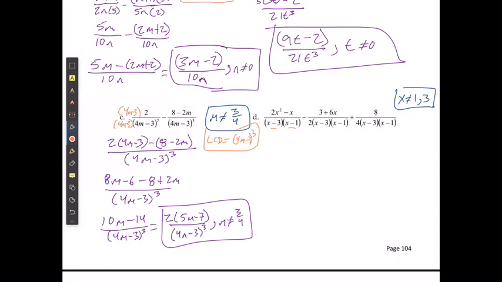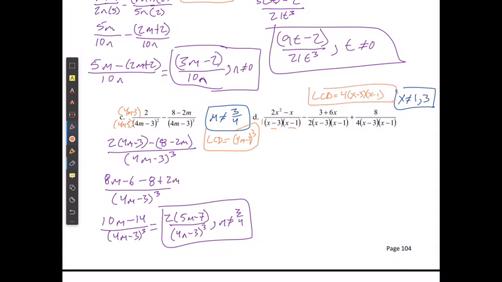But for the coefficients, I have a coefficient of 1, of 2, and of 4. The lowest common multiple of those is going to be 4. So I'm going to say that the lowest common denominator is going to equal 4 times x minus 3, x minus 1.